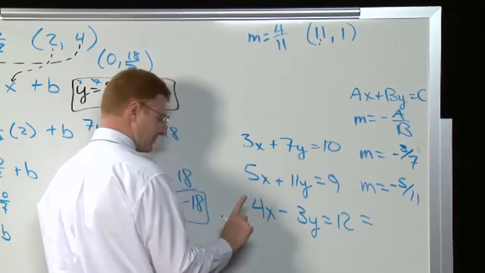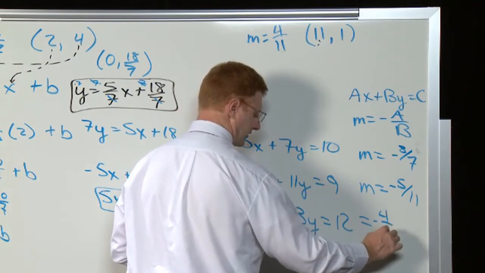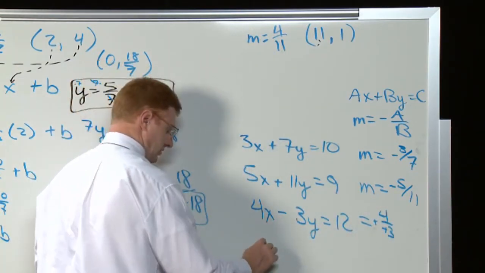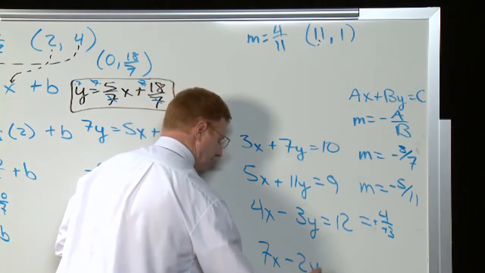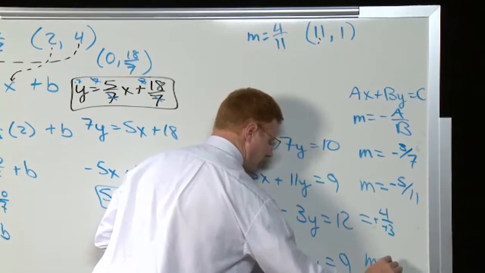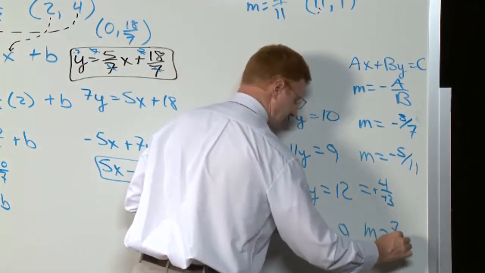Remember, we're going to do the opposite of 4 over negative 3. So the opposite of 4 over negative 3, negatives cancel and you have a positive. 7x minus 2y equals 9. Slope would equal the opposite of 7 over negative 2, so we're going to get 7 over 2.